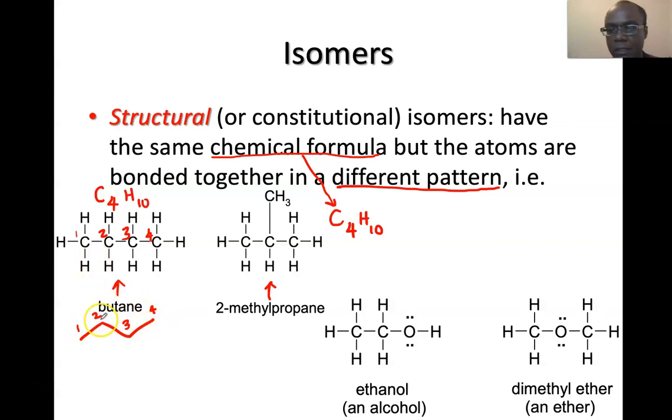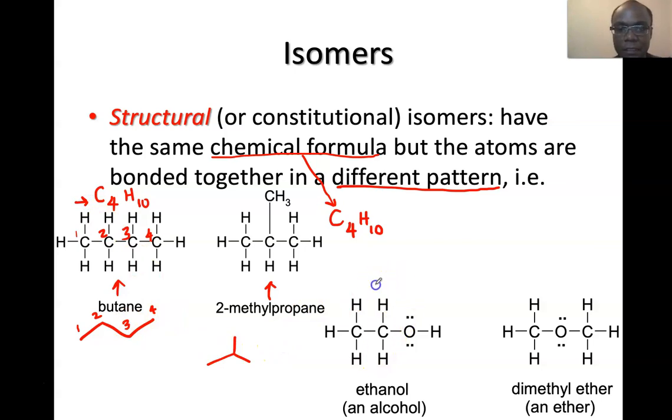So that's how you'll know there are 2 hydrogens here, 2 here, 3 there, and 3 on carbon 1. For this one, the structure will be like this. Now you see clearly the structures are different. They have the same chemical formula, but different structural formula.